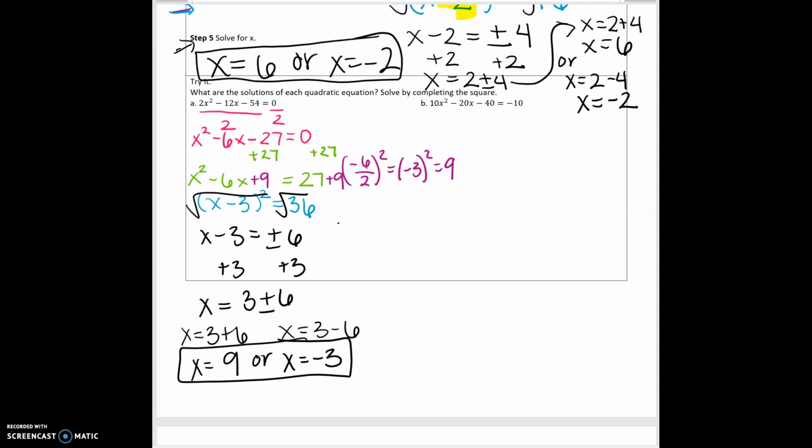And then factor, and then again, this was there, and then the inside goes there. Square root both sides, x minus 3 equals plus or minus 6, add 3 to both sides, and then go both ways, so we get x equals 9 or x equals negative 3. So go ahead and try the next one.